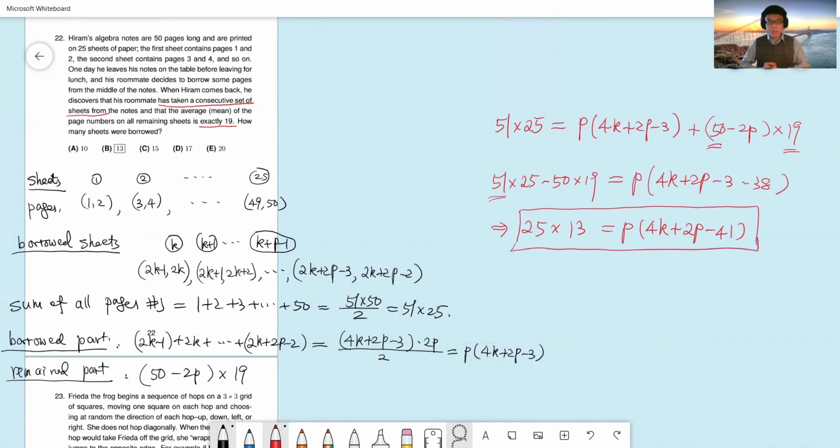What we want is the p. And here p is a number between 1 and 25.